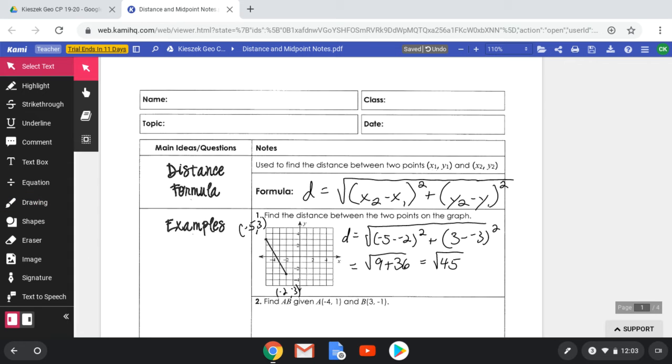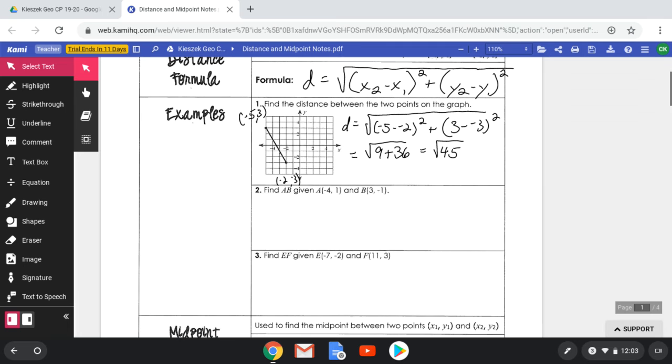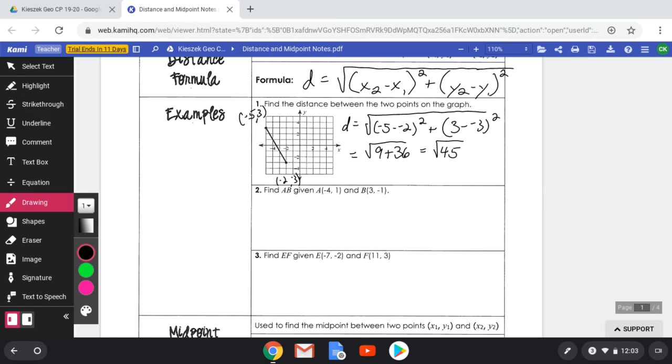So let's do another example together, number 2. We want to find the distance between A and B, and they give you A and B. Following the distance formula again, we have d equals the square root of -4 minus 3 squared plus 1 minus -1 squared.